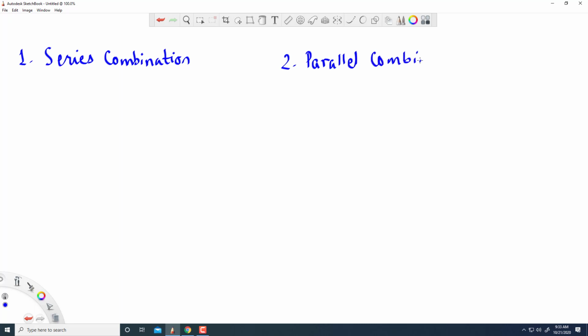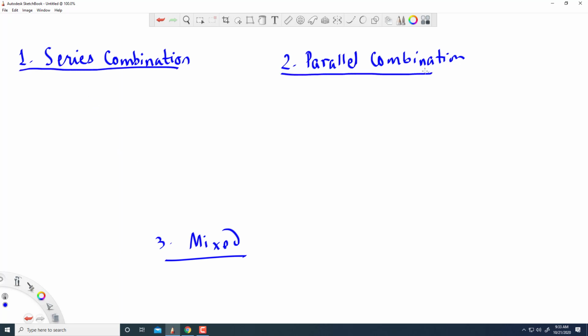So, you can have a combination of resistors in series connection, or parallel connection. And then the third type would be a mix of these two. We will be talking about that mixed part later, but in general we have the series combination and the parallel combination.